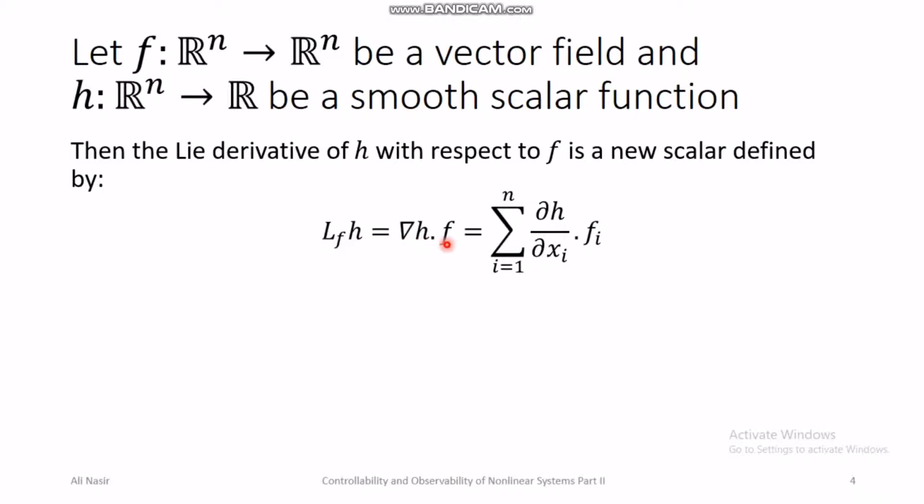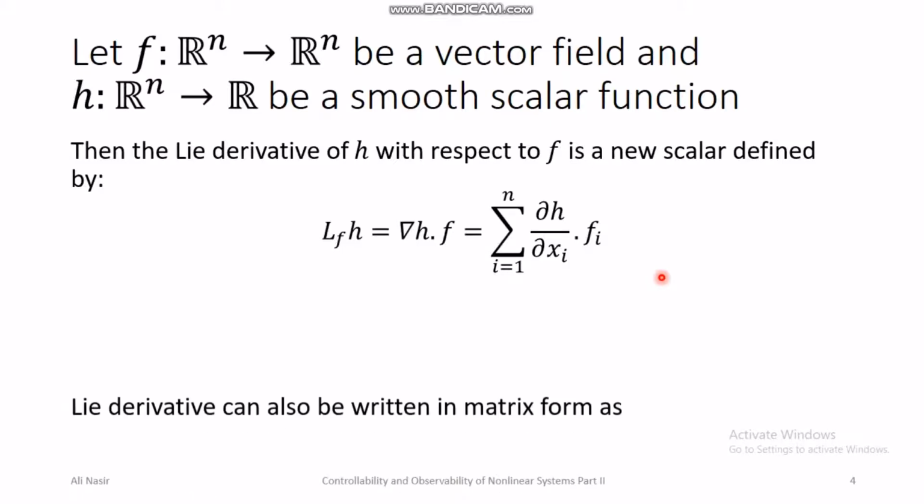It's basically a dot product between two vectors. Del of h is a vector, as we have seen in the previous slide. f is also a vector, as we already know that this is a vector field. So when you take the dot product of two vectors, that is a scalar, and this is the sum of all the component wise products of the two vectors.